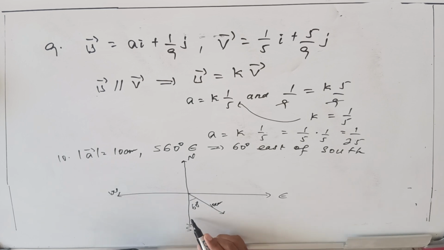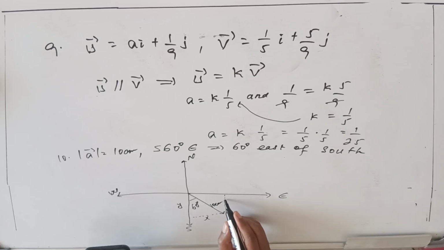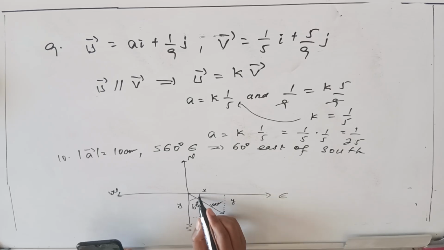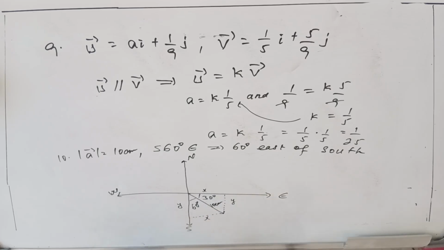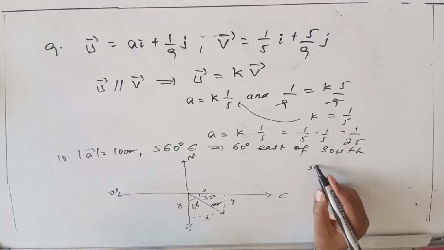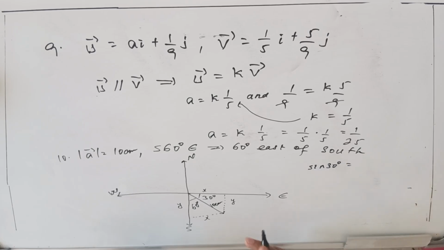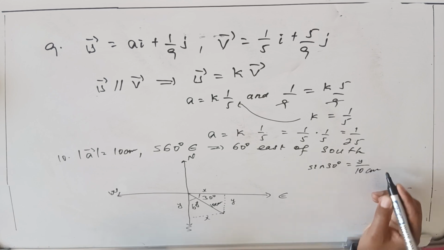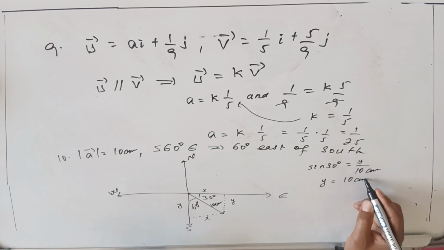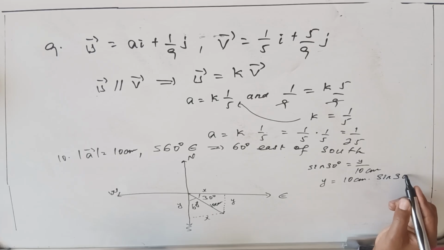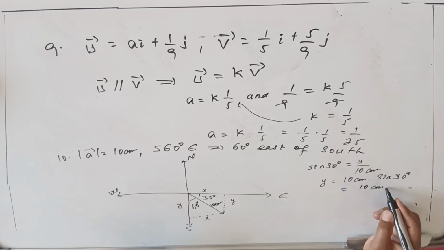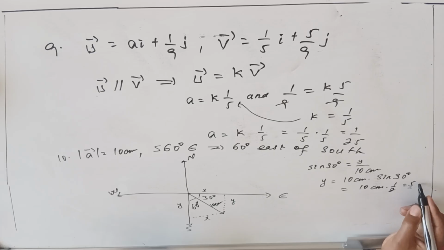Using the triangle, sin 30 degree is equal to opposite side, that is y, over hypotenuse, this one is 10 centimeter. y is equal to 10 centimeter times sin 30 degree, which is 10 centimeter times 1 over 2, that is 5 centimeter.